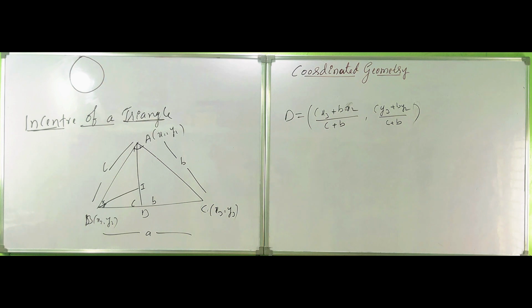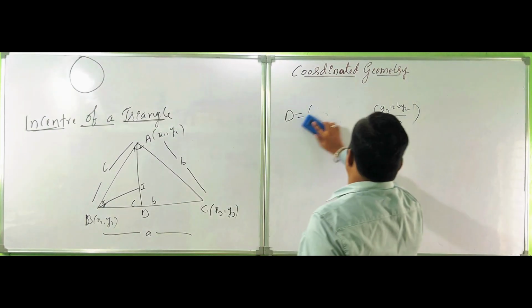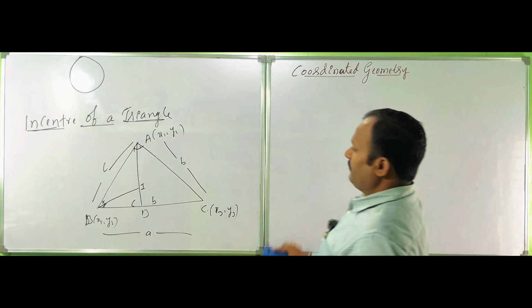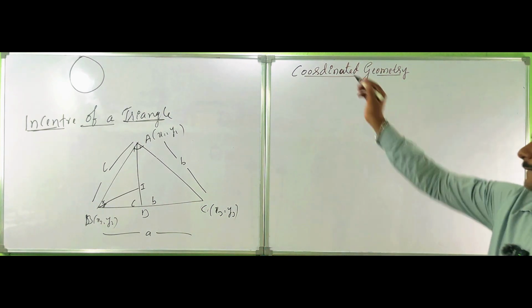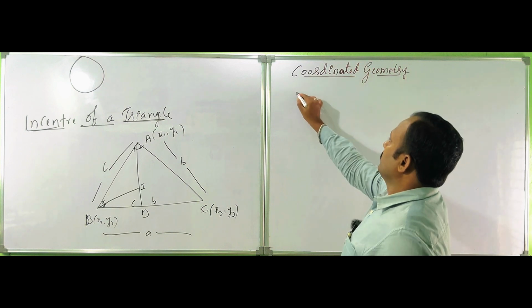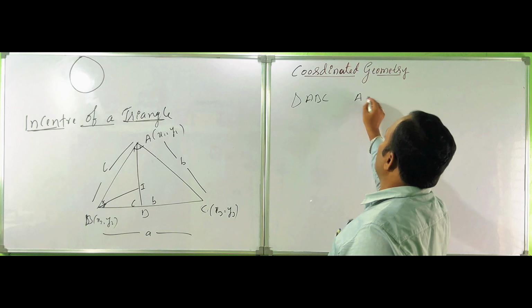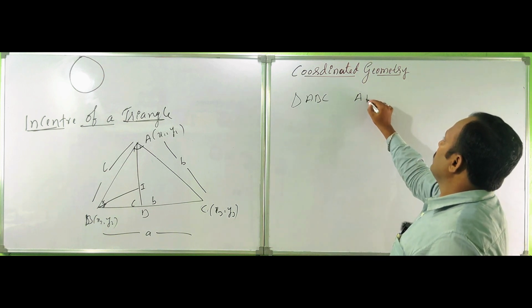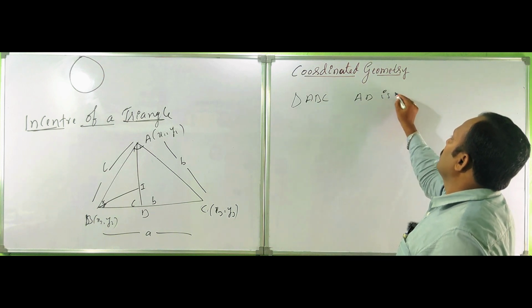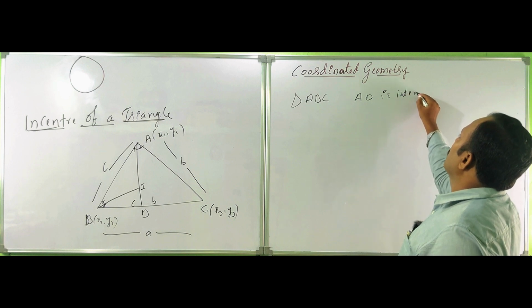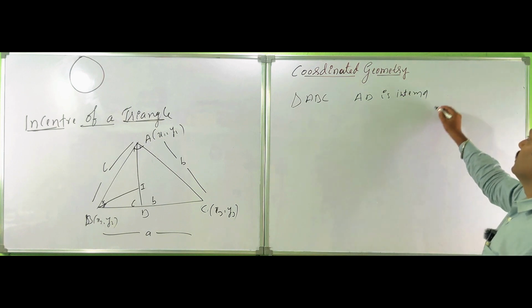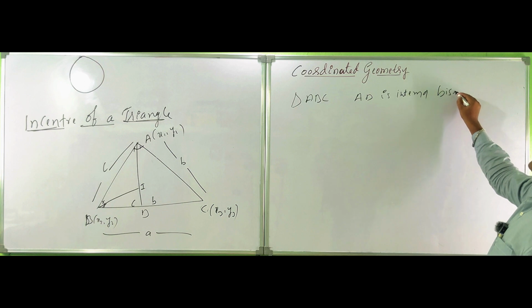Let's take this instead of deriving it. This is the basics. See, in triangle ABC, AD is an internal bisector.